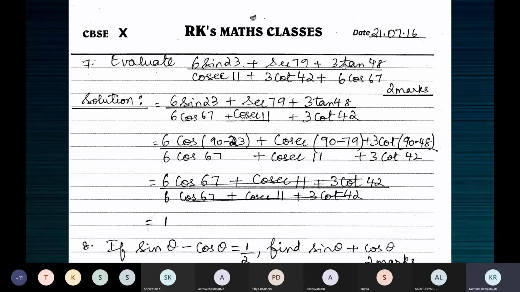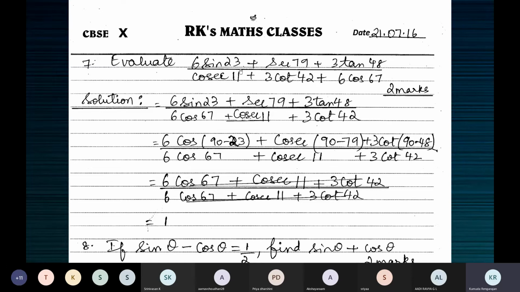And similarly, 3 tan 48 and 3 cot 42. 48, 42, they add to 90. Tan, cot, complementary ratios. So the value of tan 48 is the same as the value of cot 42.